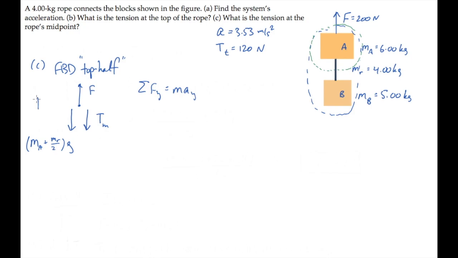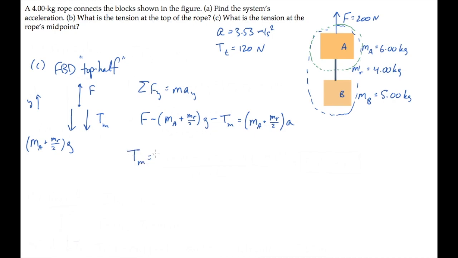Adding the forces comes from the free body diagram. Force F is positive, the other two are negative because they're down. And that equals the mass of what we drew the free body diagram for, the top half, A plus half the rope.